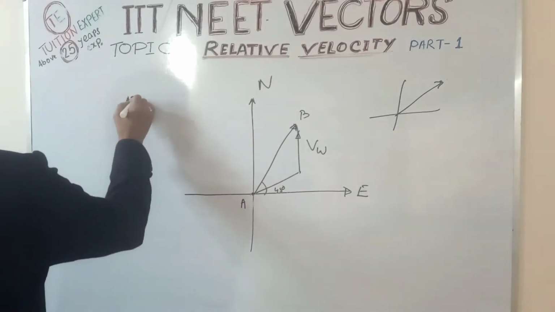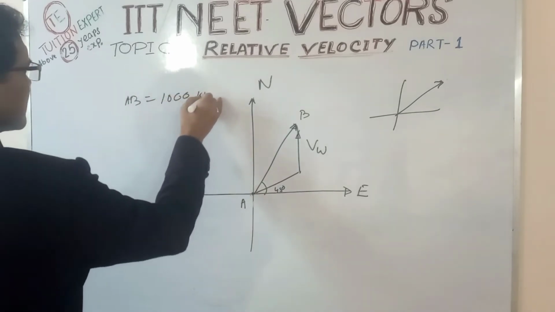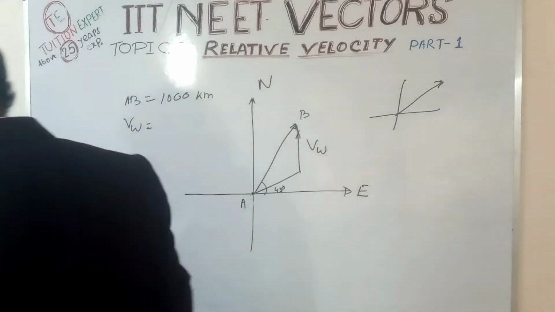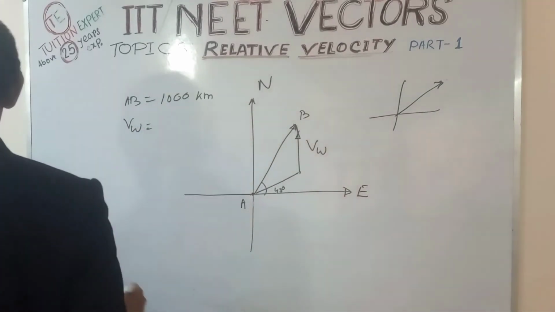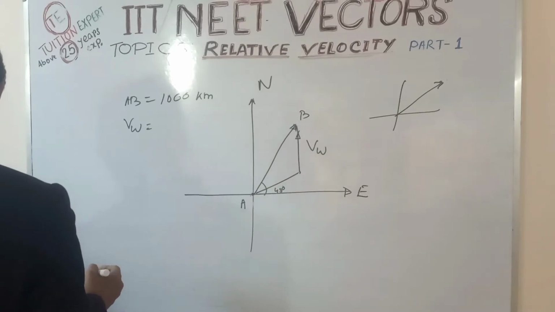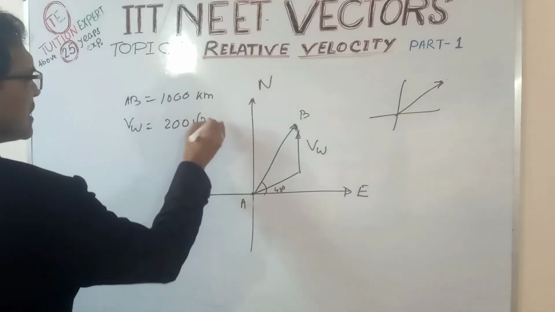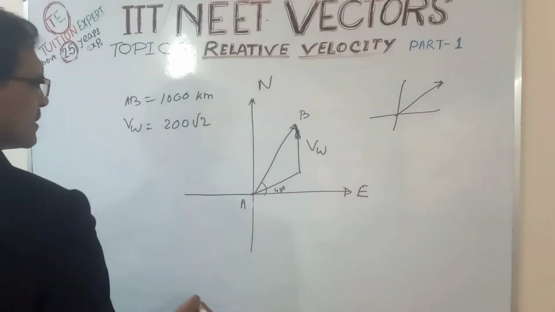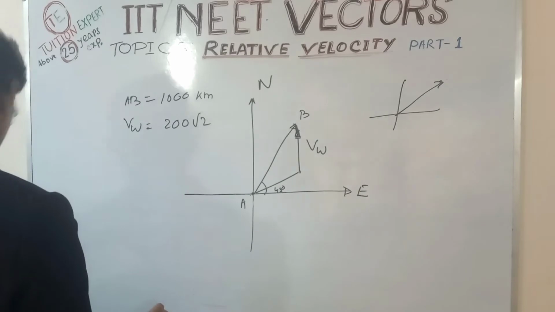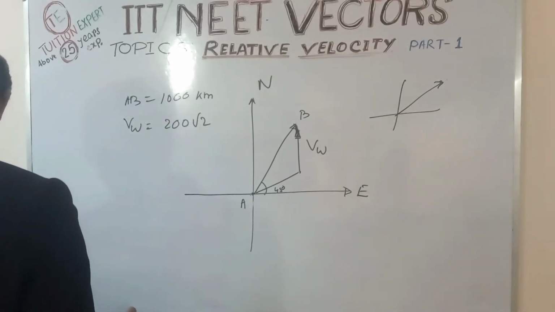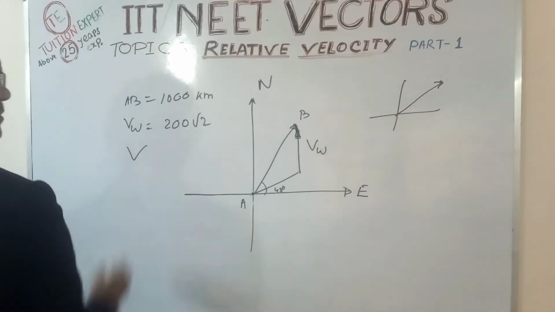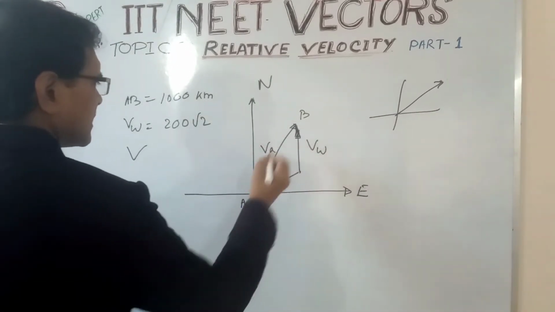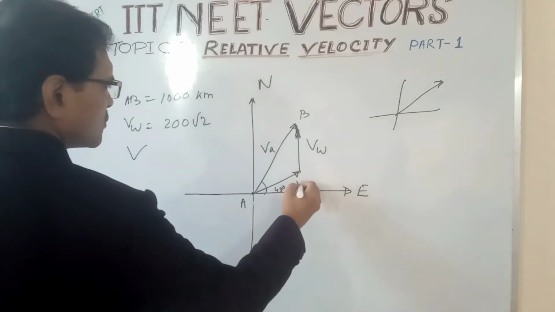Given distance AB equal to 1000 kilometer, velocity of wind VW along this direction, and given velocity of aircraft VA, and this is VAW.